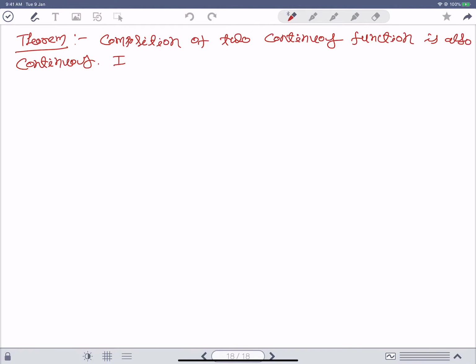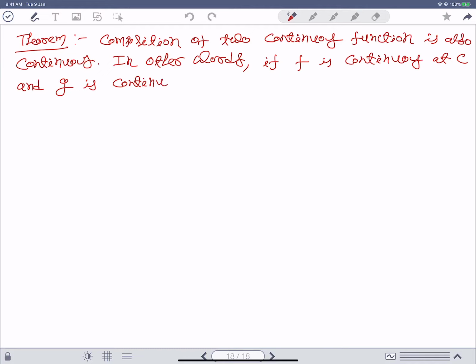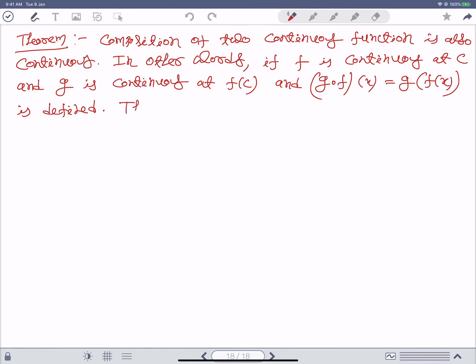In other words, if f is continuous at c and g is continuous at the point f of c, and g composition f, which is defined by g of f of x, is defined, then the composition function g compose f is also continuous at the point c.